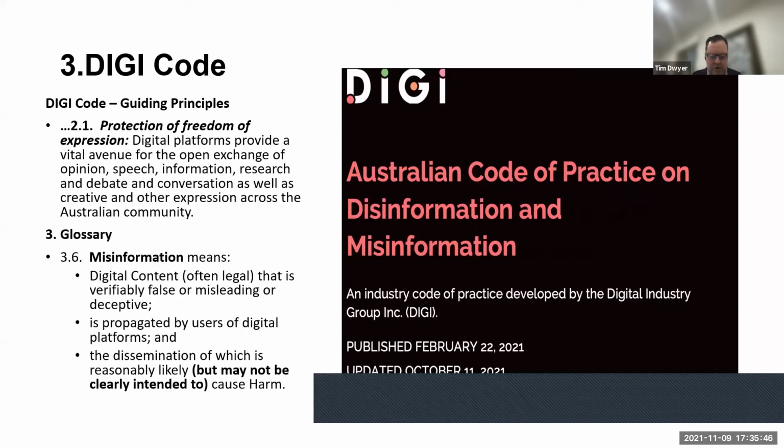But also of interest is the glossary part of the code, which defines misinformation here. And it says that misinformation means digital content, often legal, yet that is verifiably false or misleading or deceptive, is propagated by users by digital platforms, and the dissemination of which is reasonably likely, but may not be clearly intended to, in the emphasis there, cause harm.